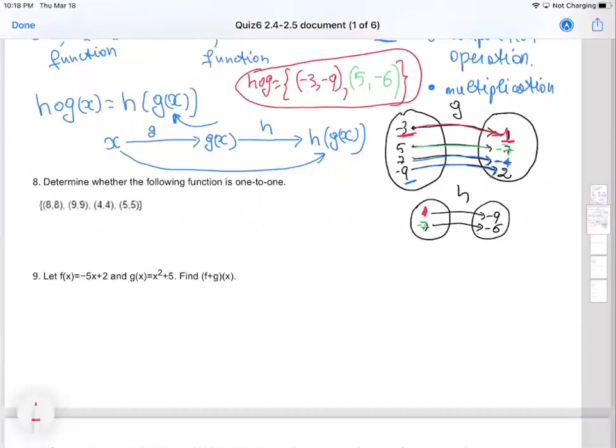Each ordered pair will have only one input, one output. So we're looking at 8-8, that's unique, 9-9, that's unique, 4-4, that's unique, 5-5, that's unique. So it is a 1-to-1 function. So the answer is yes.